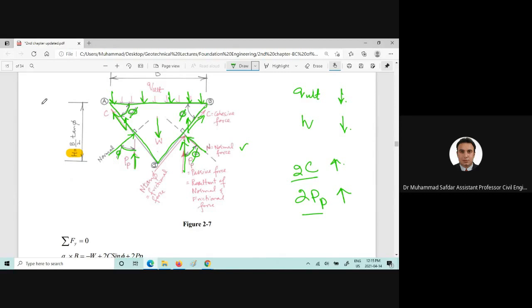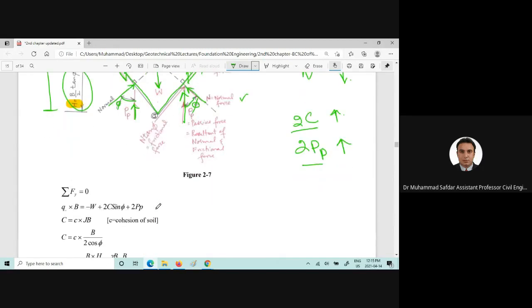Now the height of the wedge can be found out using this equation, h is equal to b by 2 tangent phi. I think that's it.